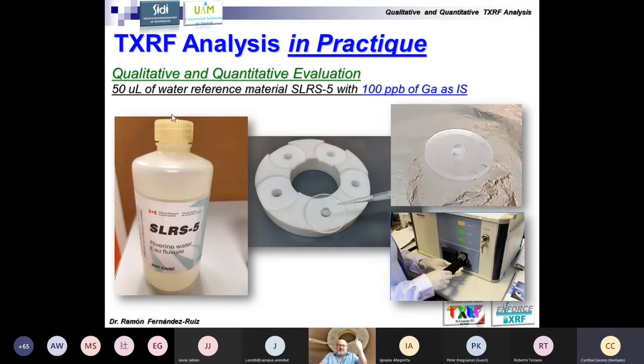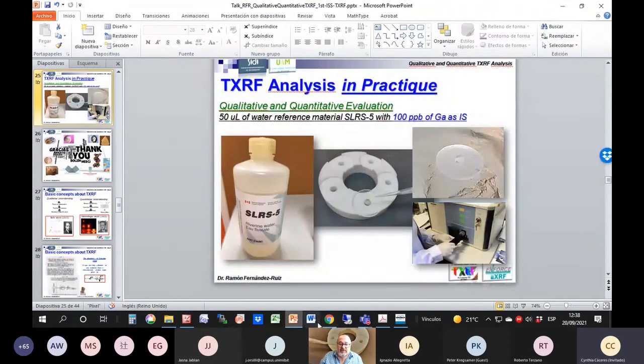We took, in this case, 50 microliters of this reference material, spiked with 100 ppb of gallium as internal standard, dried, and analyzed with our Picofox instrument.